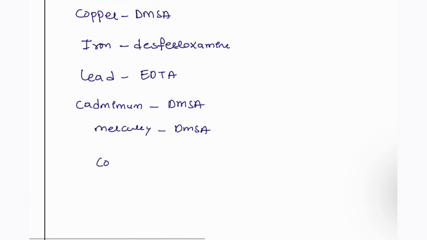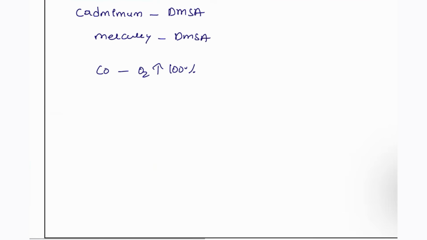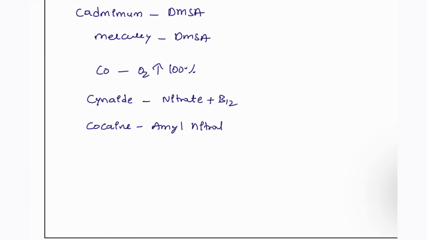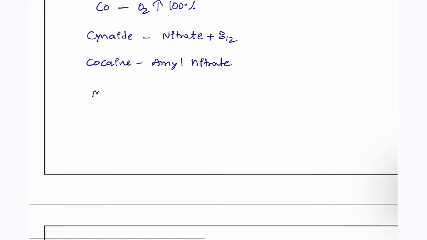Okay, carbon monoxide, 100% oxygen should be given for this patient. Cyanide, for a cyanide patient, you are going to give nitrate, and along with that, B12 is given. Next, cocaine, you are going to give amyl nitrate, right? Next, methanol. The patients who are taking methanol, we are going to give omeprazole.